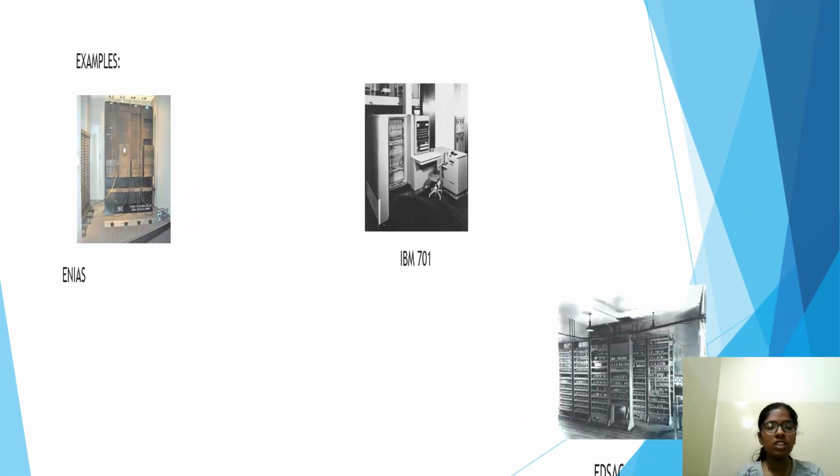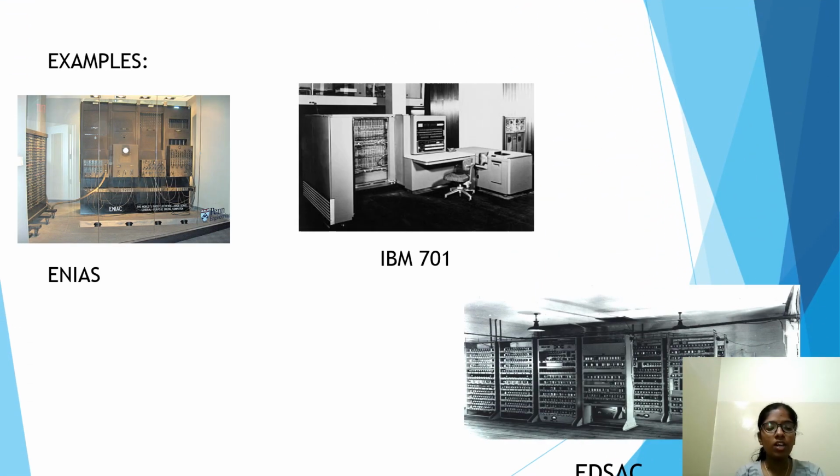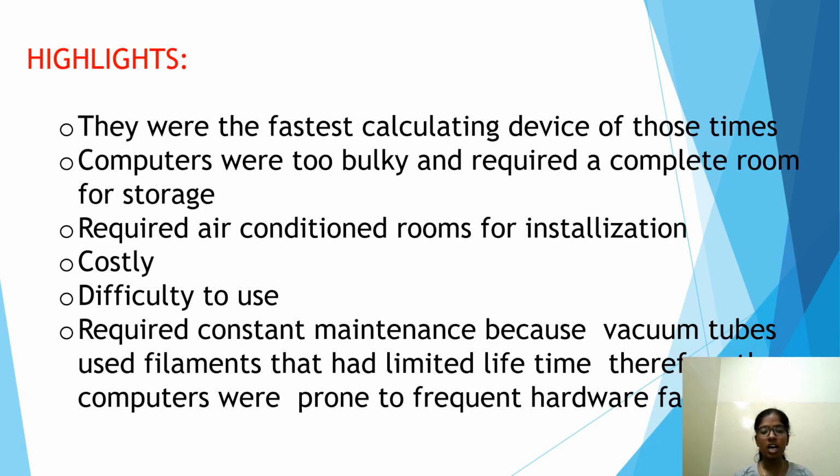Examples of first generation computers are the Electronic Numerical Integrator and Computer, IBM 701, and Electronic Delay Storage Automatic Calculator. Now let me discuss the highlights of the first generation computers.